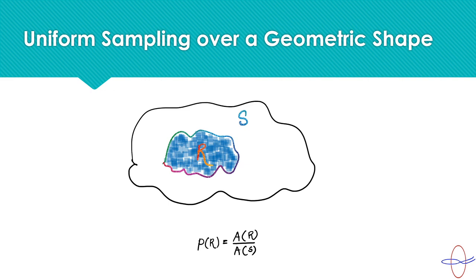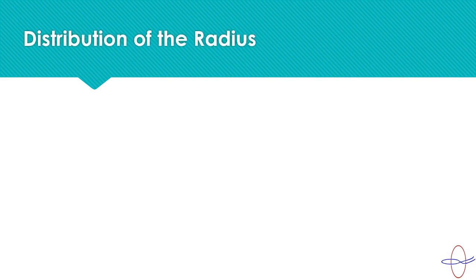This is what uniform sampling actually means. We will take the help of this idea and move ahead to calculate the distribution of the radius. Now, what do you think the distribution of the radius follows? Uniform, considering the symmetry of the circle? So the natural question is: does the radius of the uniformly chosen point follow a uniform 0 comma 1?